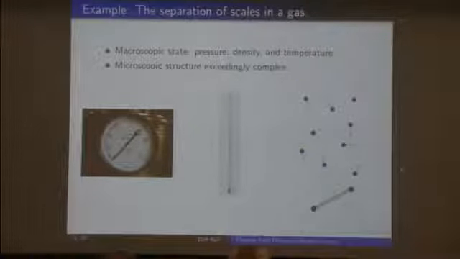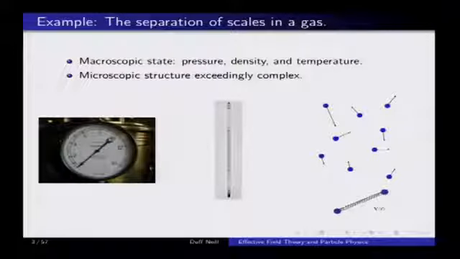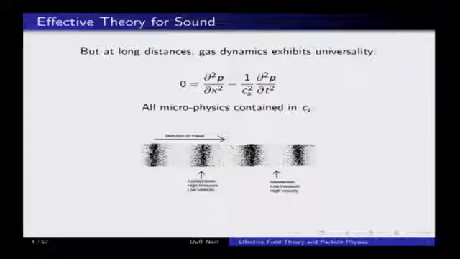And yet, somehow, all of these complex interactions give rise to relatively simple macroscopic behavior that we can see with our own eyes. We see the deflection of the needle due to the pressure of the gas. We see the mercury in the thermometer rise up and down because of the temperature of the gas. And this separation of scales becomes very evident when you just look at gas dynamics.